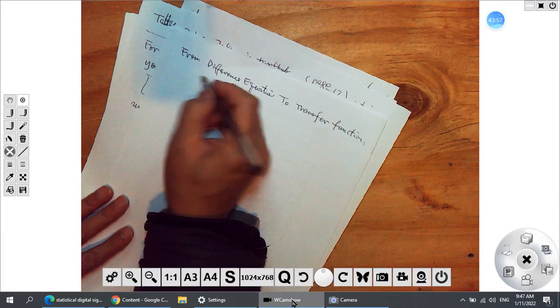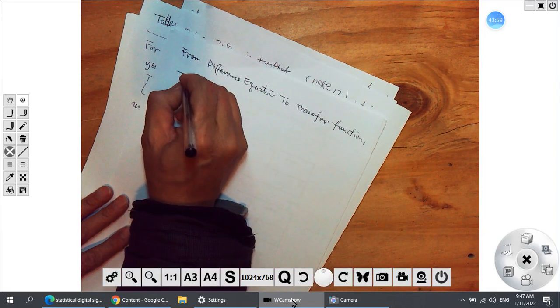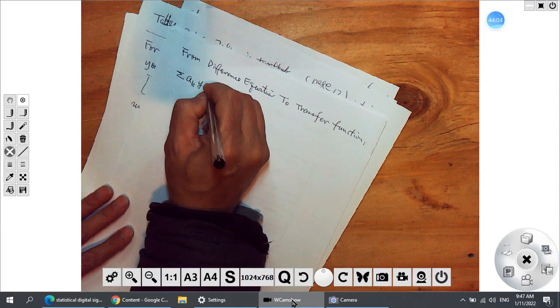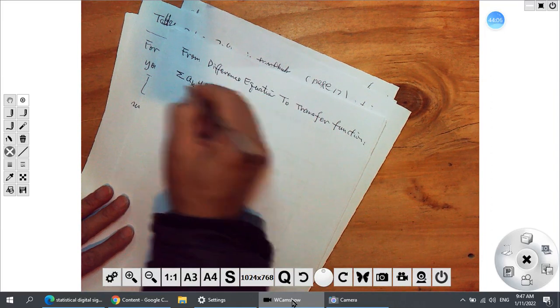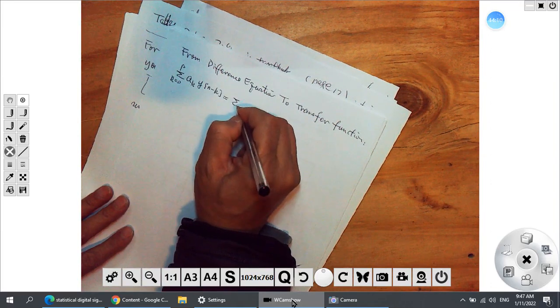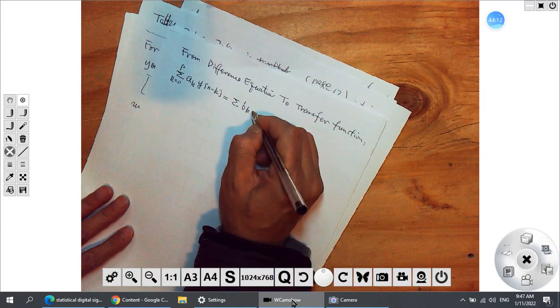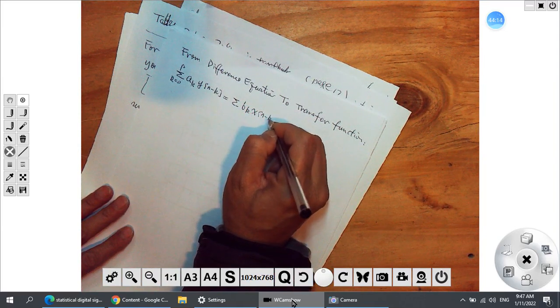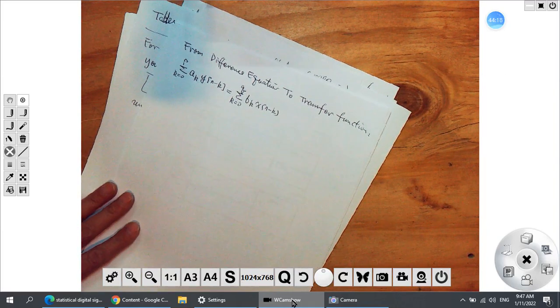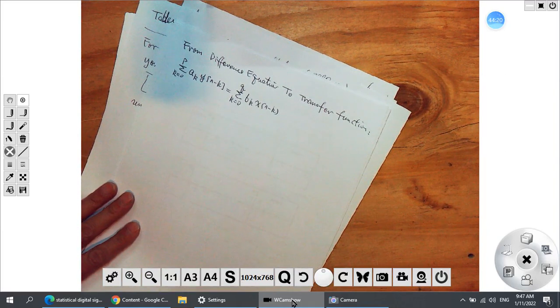The difference equation will be a summation of terms a_k times y of n minus k, k running from 0 to some p, equal to a summation of terms b_k times x of n minus k, k running from 0 to q. Here x is the input and y is the output.